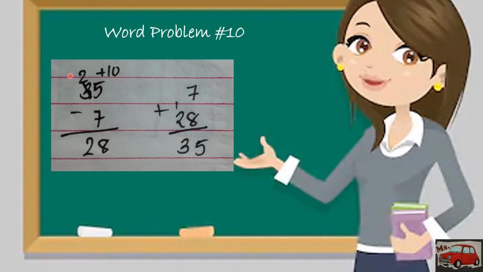So we have here 35 minus 7, and the answer is 28. Therefore, meron na lang 28 peanuts si Joshua. So if you want to double check that, just add the 28 and yung 7 na nawala, and the answer will be 35. So yan yung original number ng peanuts ni Joshua.